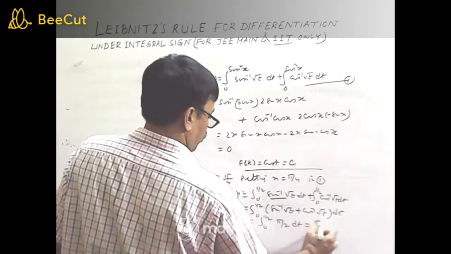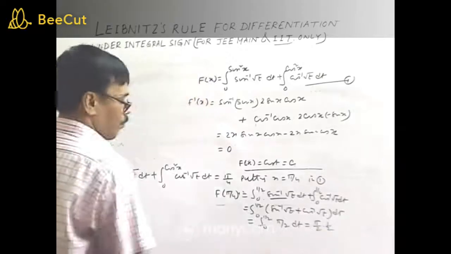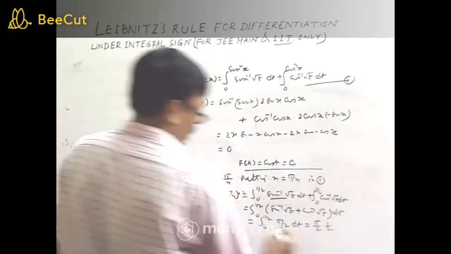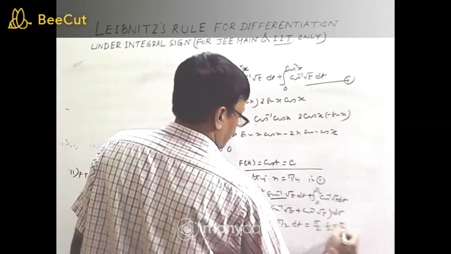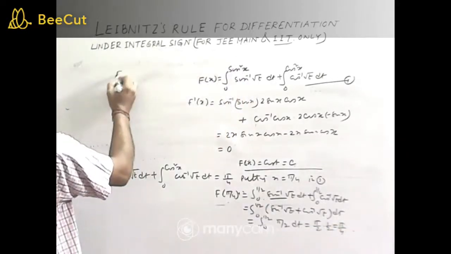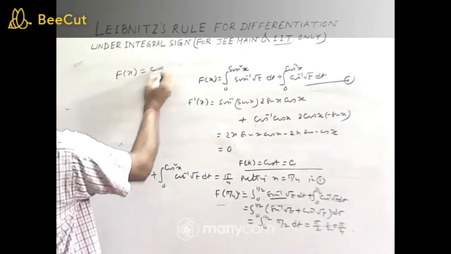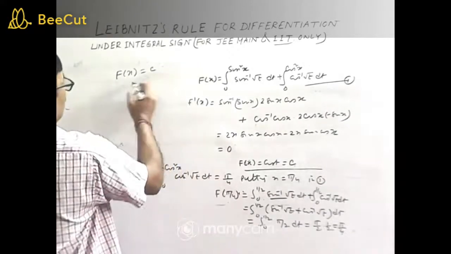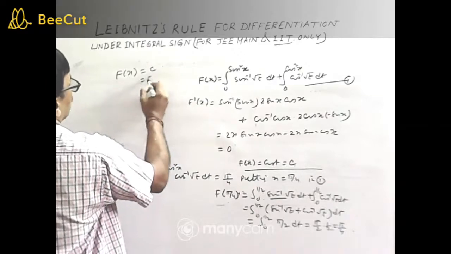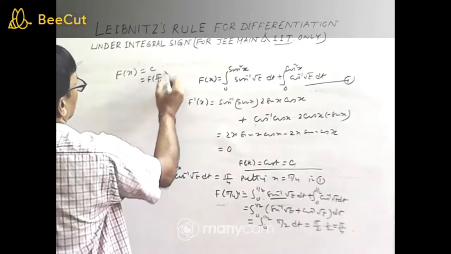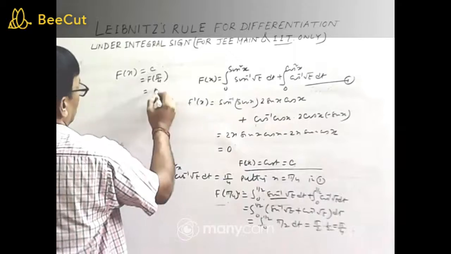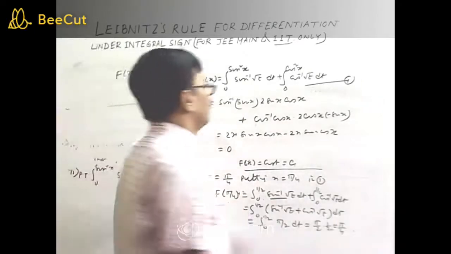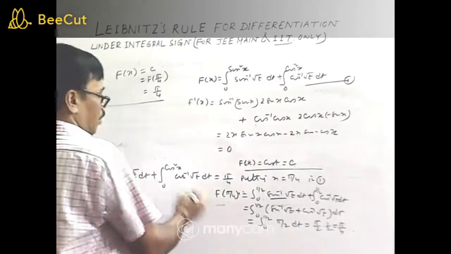So pi by 2 into half. So F(pi by 4) equals pi by 4. So F(x) equals c, so F(pi by 4) is also c. For any value it is c. So what is c? c is pi by 4. So the value of F(x) equals pi by 4.